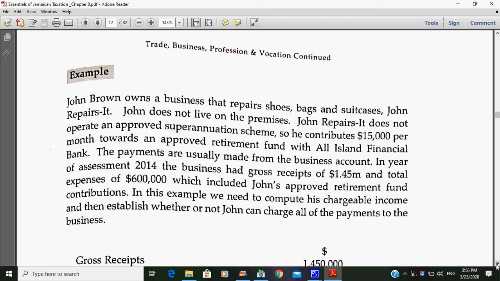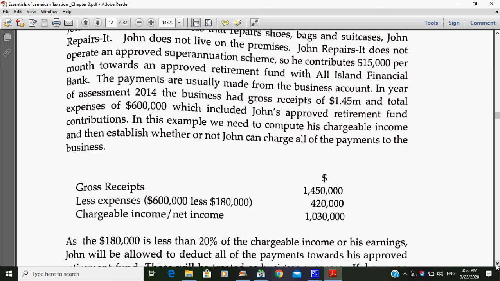In this example, we need to compute his chargeable income and then establish whether or not John can charge all of the payments to the business.